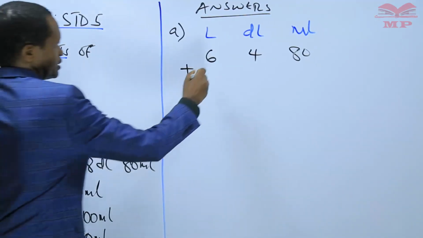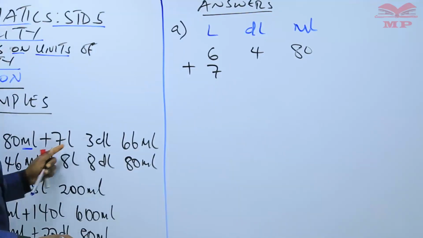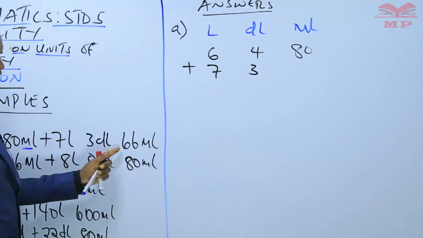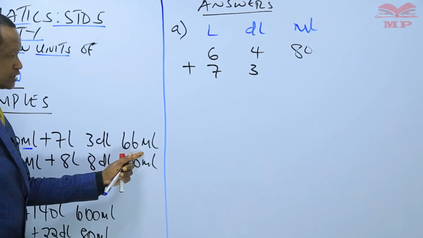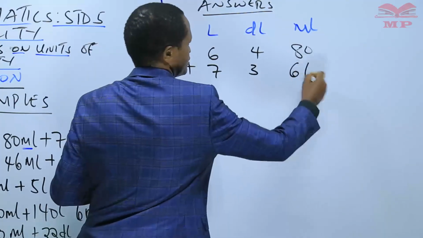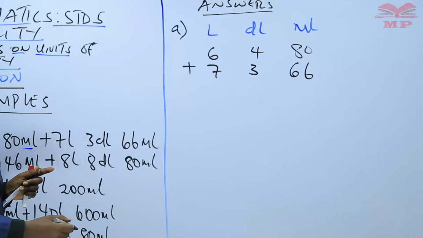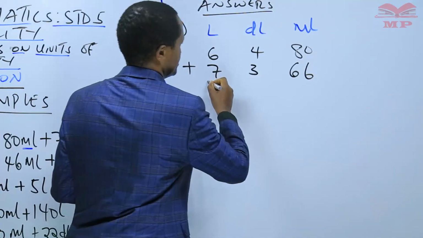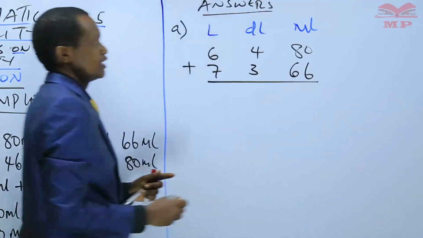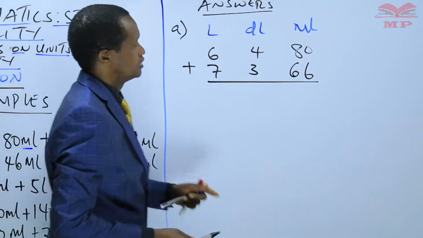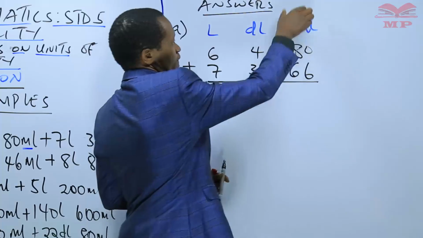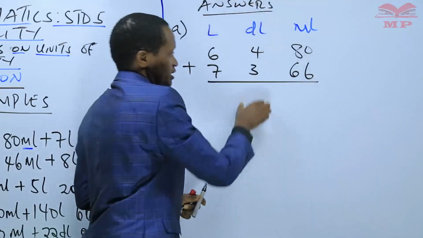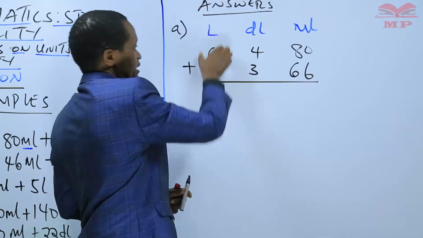All right, so let's add. Now when adding, learners will add first the milliliters, then we'll add the deciliters, then lastly the liters.